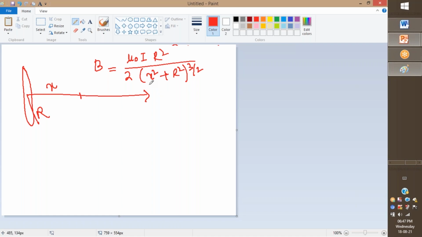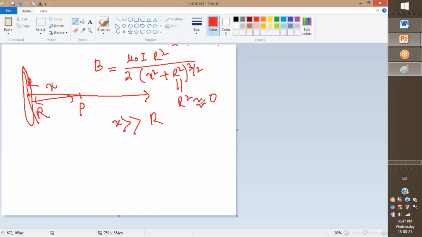Now look, if this distance x from the center of the loop is much greater than r, where r is the radius of the loop, then I can simply neglect the r square term, nearly equal to 0.